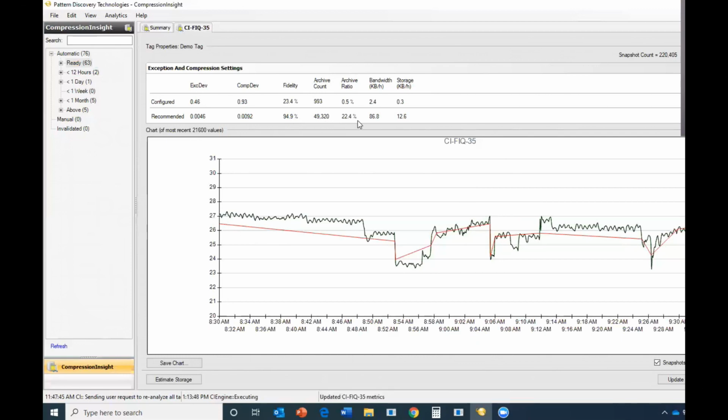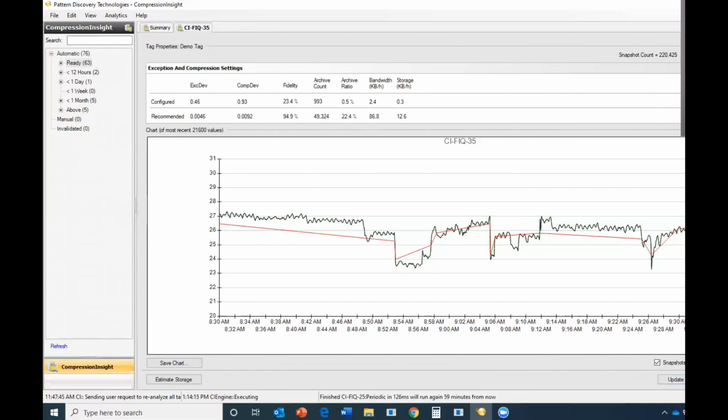We are consuming more data, but we've only increased the archive count from 0.5 to 22.4. So versus what we would have been collecting with raw snapshots, which would have been 100% of this 220,000, we're able to achieve 94.9% data fidelity with only 49,000 of these 220,000 points.